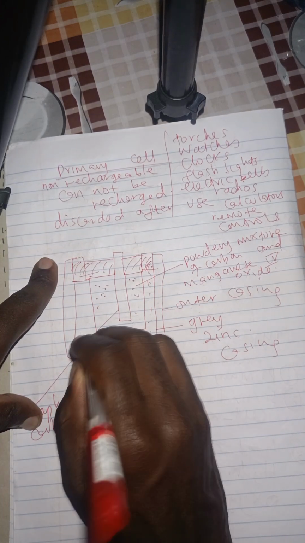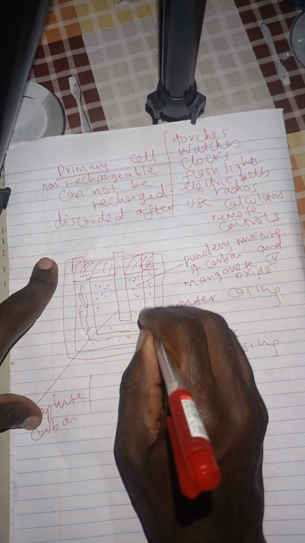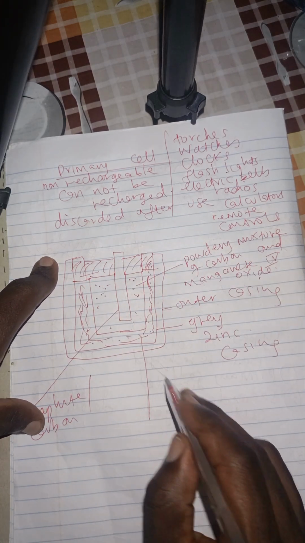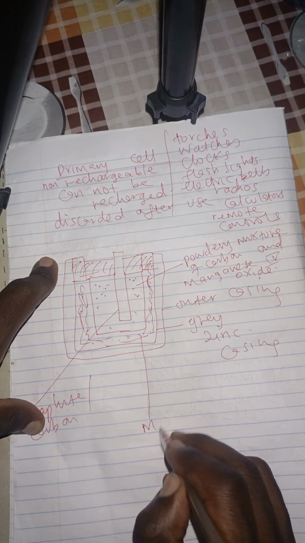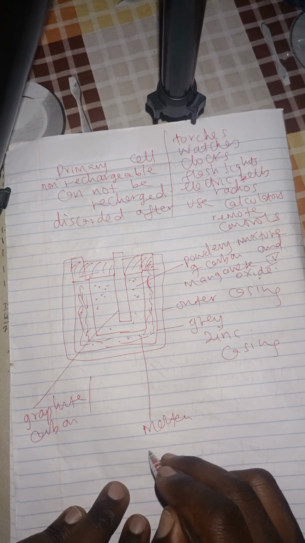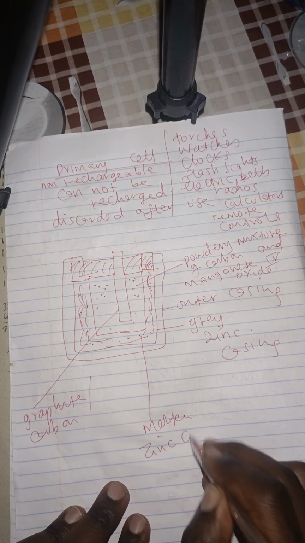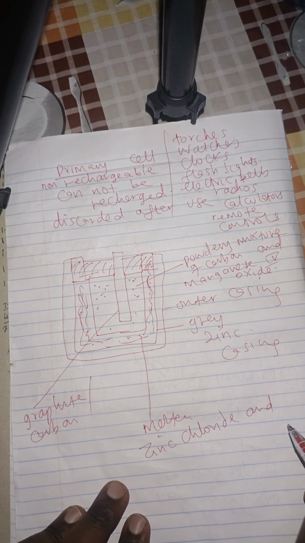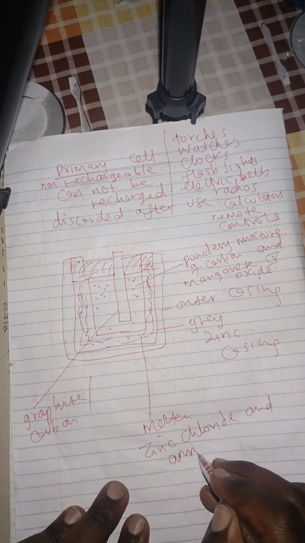Outside here, we need to have this. So we have here what we call molten zinc chloride and ammonium chloride.